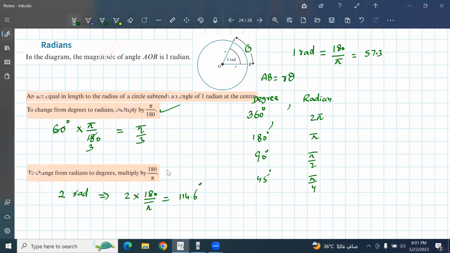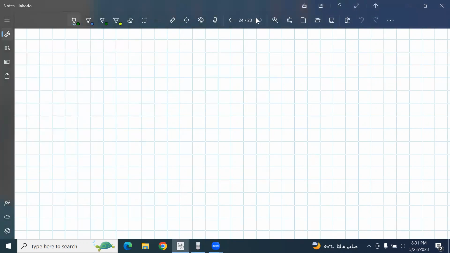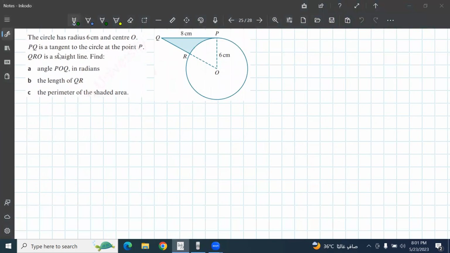Anyway, we will check a few questions here, which will help us see how to apply the radian concept. So see here. Next, the circle has radius 6 centimeter and center O. PQ is a tangent line. A tangent line is basically a straight line which touches one point of a circle.